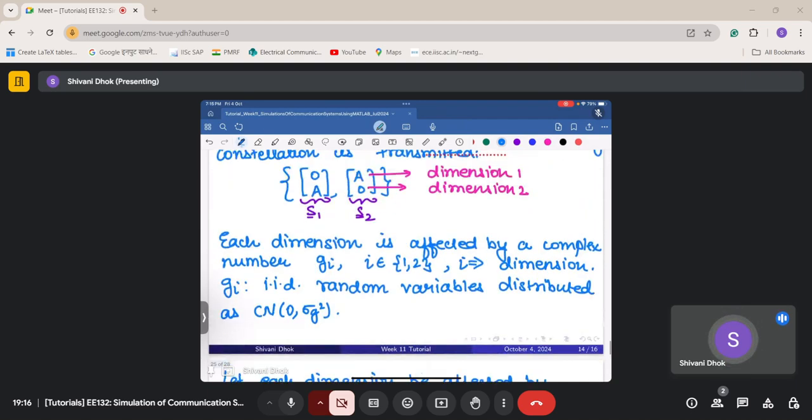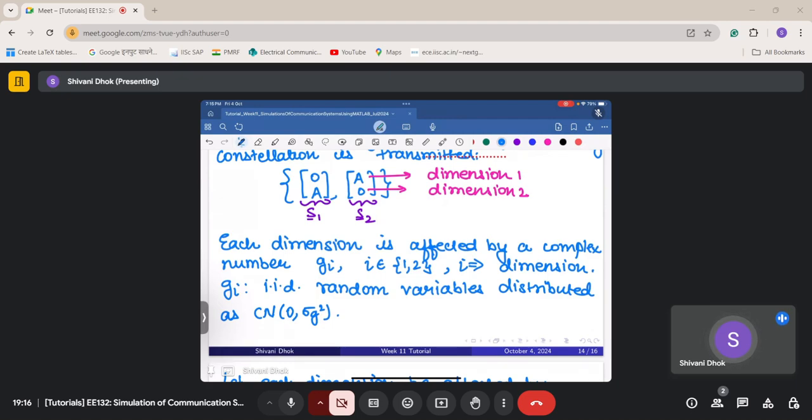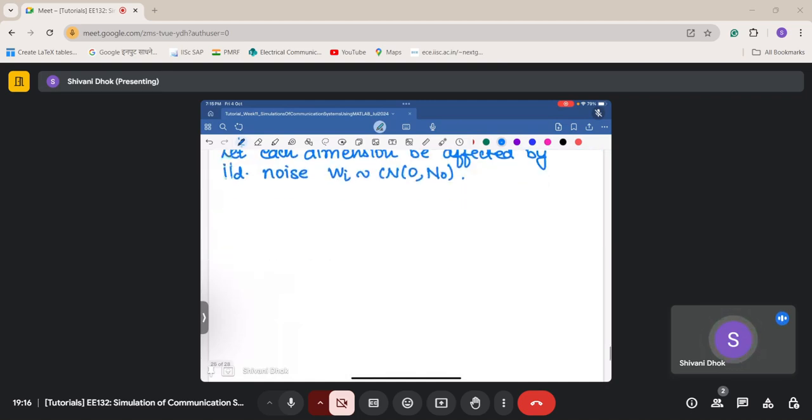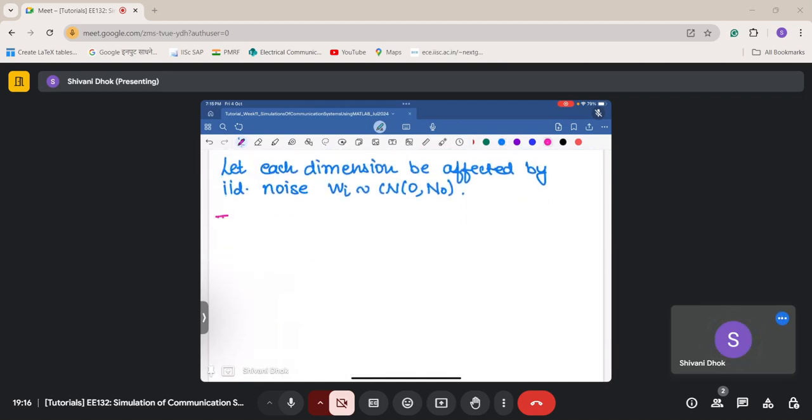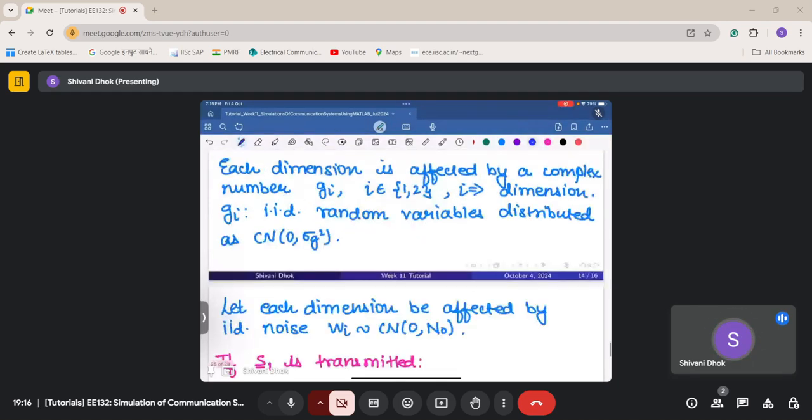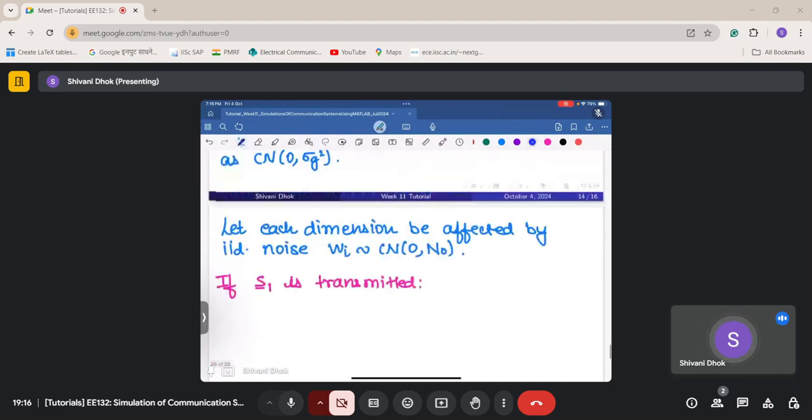So for different transmissions, that is for transmitting S1 and for transmitting S2, I'll receive two different kinds of signals. So if S1 is transmitted, I will get two components.